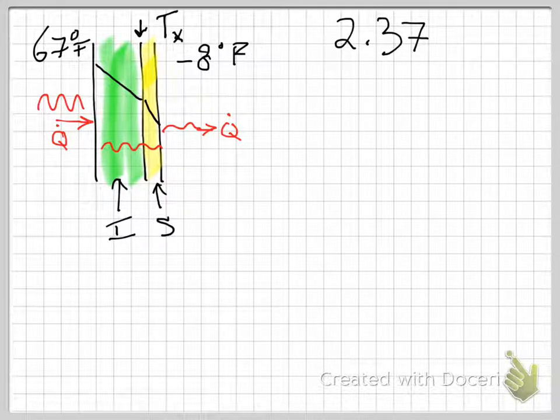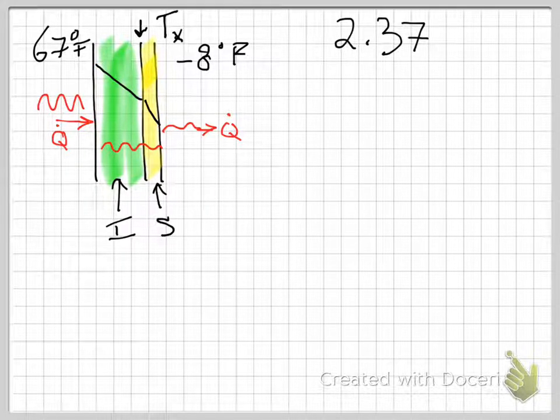Steady state means that the heat has transferred through to the other side of the wall, and you set up constant temperature gradients, which I've kind of shown here. So the temperature is changing linearly through the insulation and through the siding.